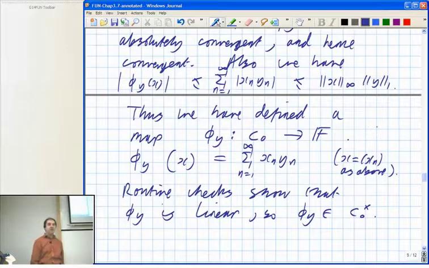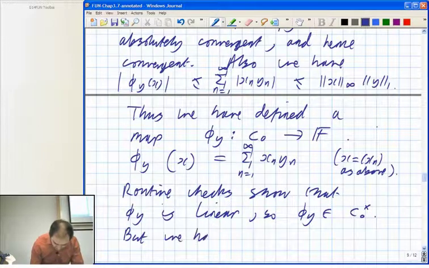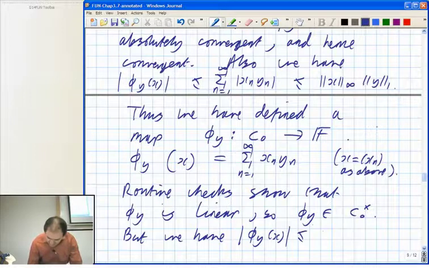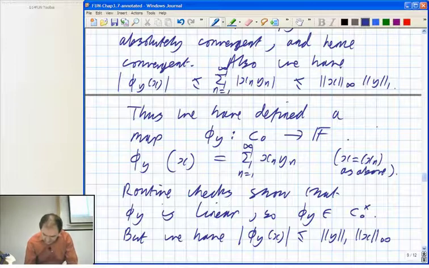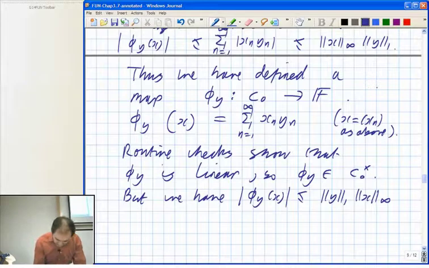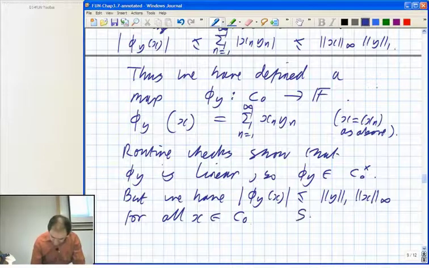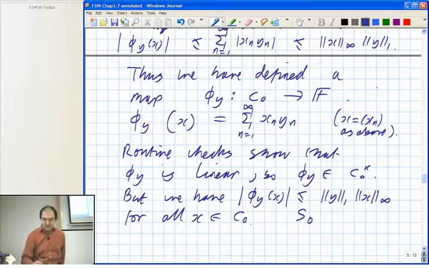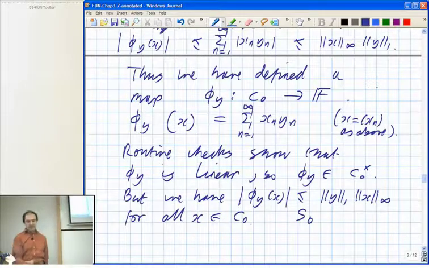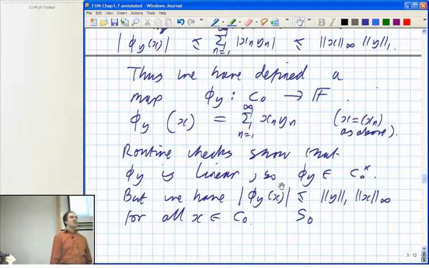But we also have this estimate on how big it is. And I'll just turn this around, norm y1 times norm x infinity for all x in C0. So suppose you've got a linear map into the scalars with this property. What can you tell me about, is it continuous, and what can you tell me about its operator norm?